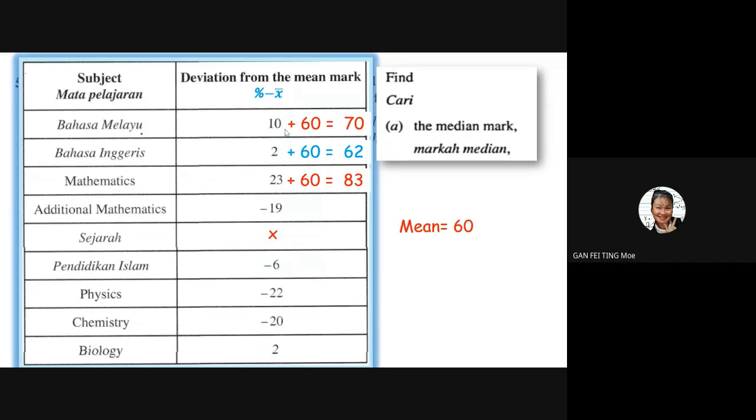Okay, very good. Then, Aston, what is your marks for additional mathematics? 41, okay. So, Vinesh, what is your marks for pendidikan Islam? 54, okay, sejarah, 54.